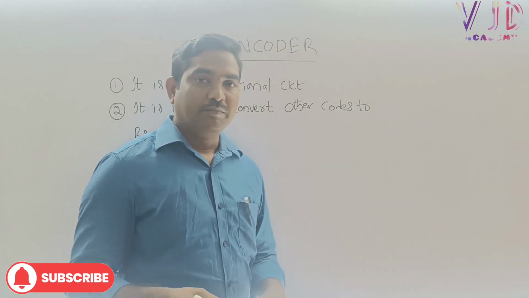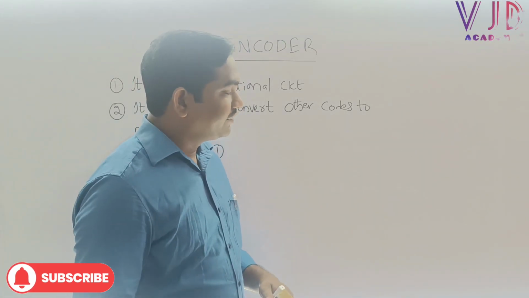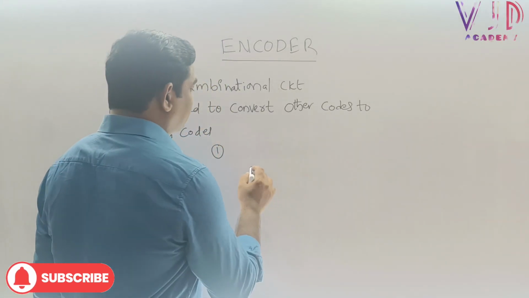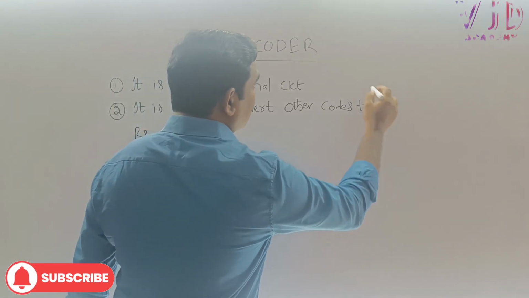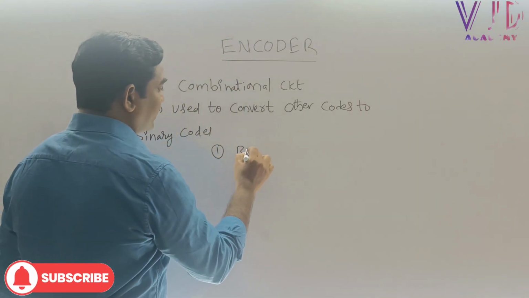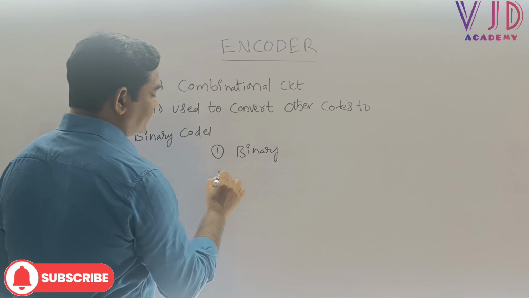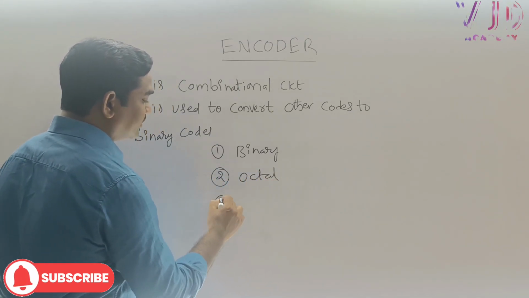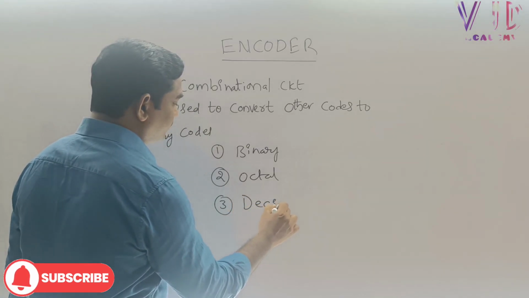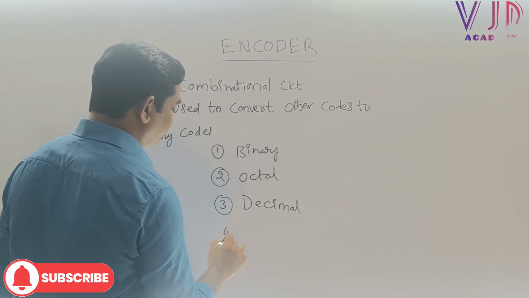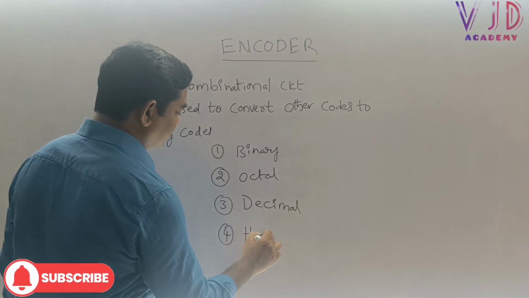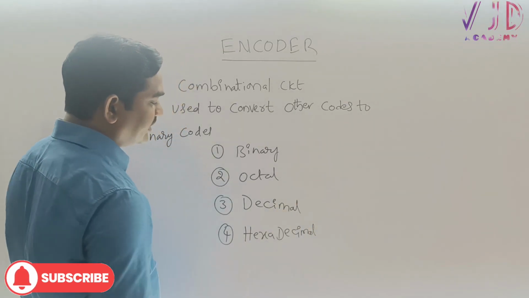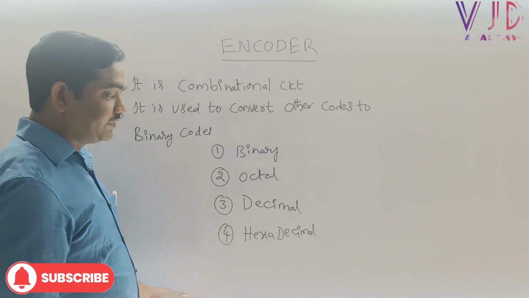Even if you see my lecture number 3, there are 4 types of codes, which are binary code, I told you in the first class, and the second is octal code, third one is decimal, and fourth one we can say hexadecimal. These are the 4 types of codes we have seen.